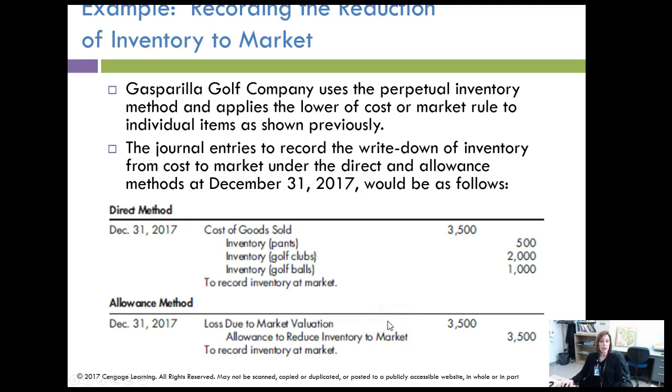And now we look at the allowance method. And the allowance method is going to show up as a contra account and will be very clearly set forth on our statements to show how much of a write-down we've taken on our inventory over this particular accounting period, as opposed to just blending it into the existing inventory and cost of goods sold figures.